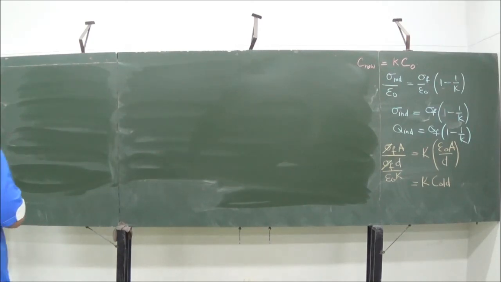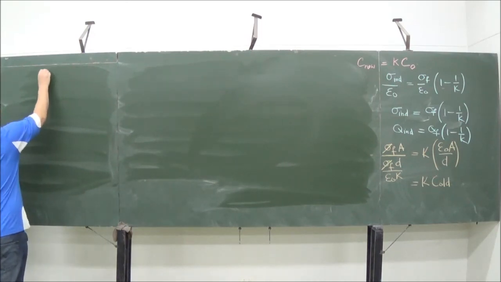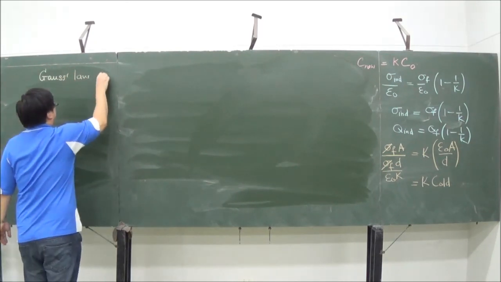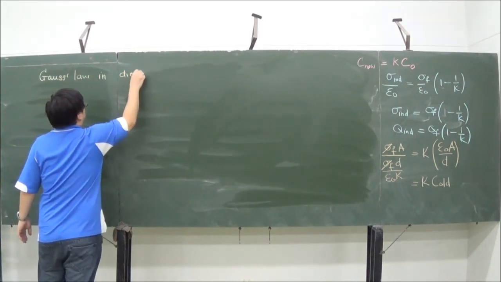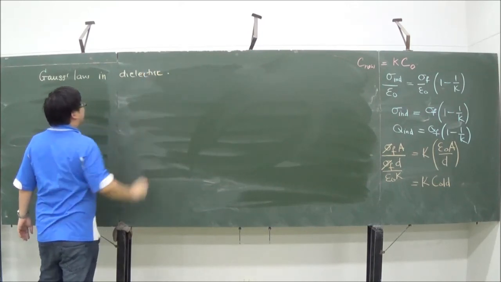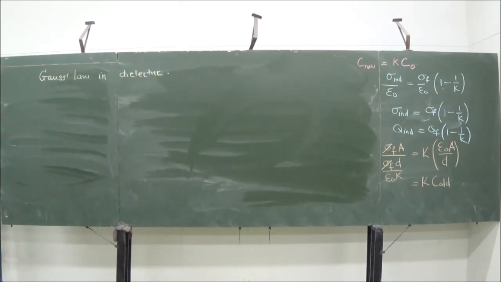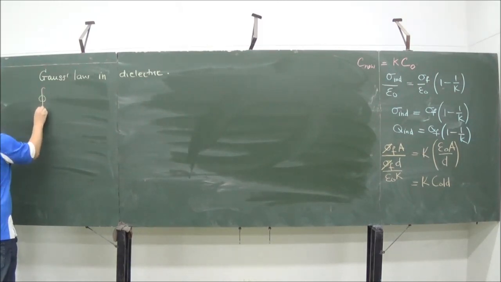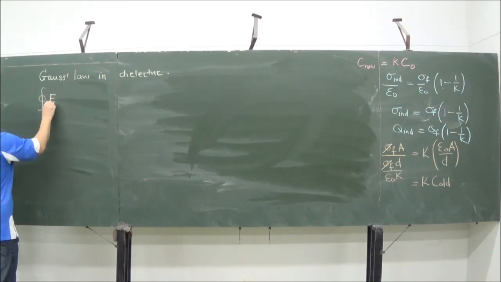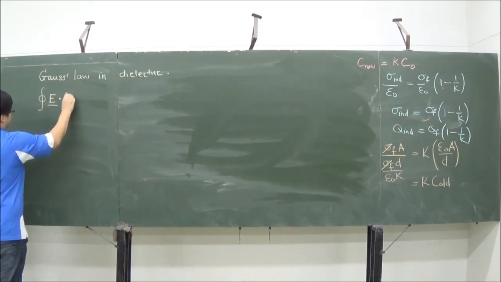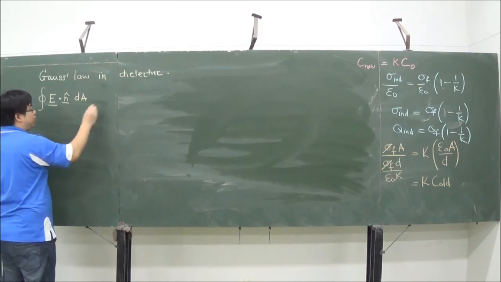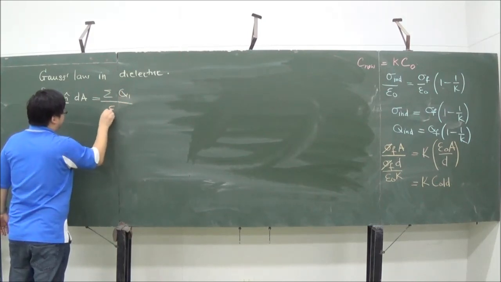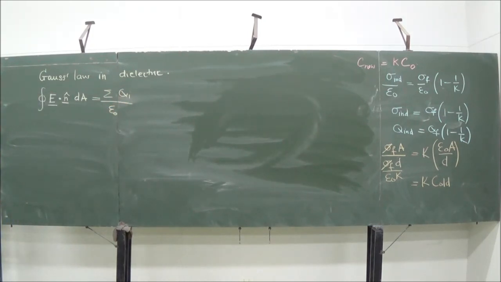Finally, we are going to derive Gauss' law in dielectric. So if we consider Gauss' law, the integral of E dot n dA, this is the electric flux, equals the total charge inside divided by epsilon naught.